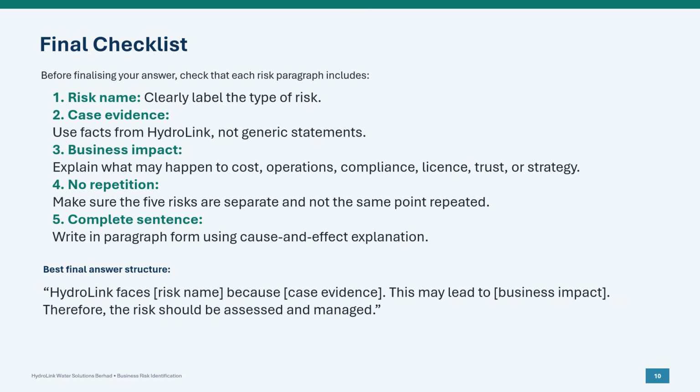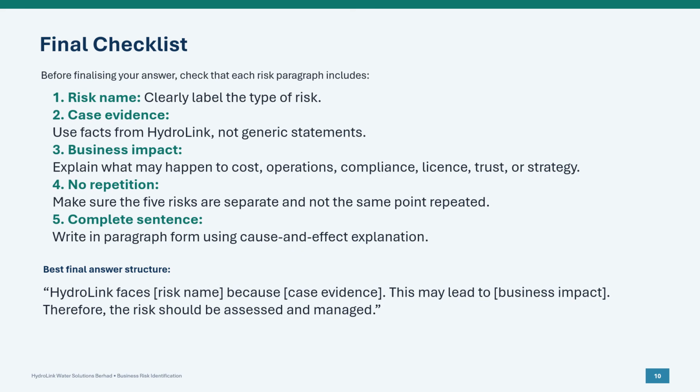Final checklist, repeating again. First, your risk name: make sure you have a clear label for the type of risk. Case evidence: use all the facts from the case, not a general or generic statement; it must be from the case. Use the case example.